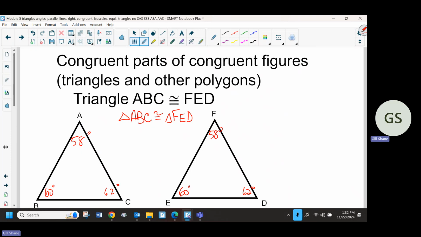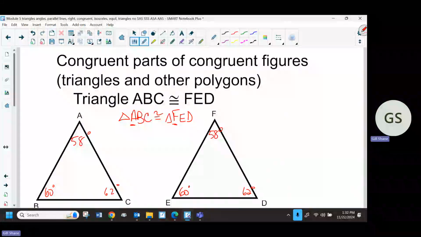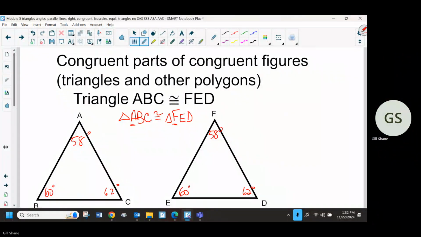But I can always say, if it's named ABC, then A matches up or is congruent to F. B is congruent to E, and C is congruent to D, which is the way that I have the numbers talking.